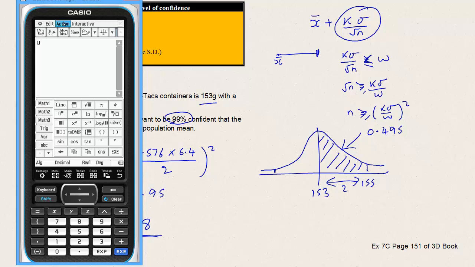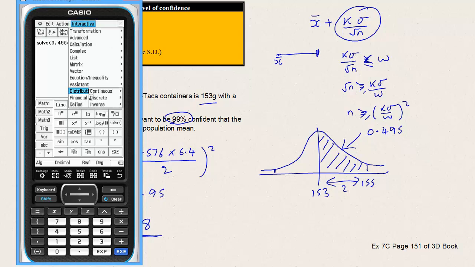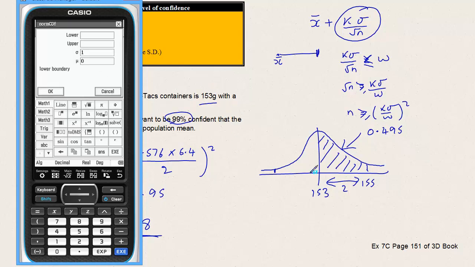So, action, advanced, solve. Then we want 0.495 is equal to interactive, and let's go and find the normal CDF. The lower is the mean that we have here, 153. Actually that's the mean. And then the upper is 155, so that's all good.